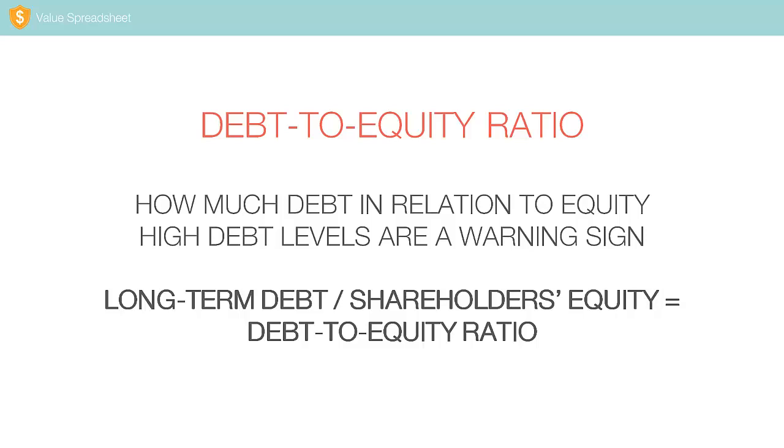The higher the debt-to-equity ratio, the more the company relies on debt to finance its growth. A high debt-to-equity ratio is a warning sign for value investors because it indicates that a company has to pay significant interest expenses. These interest expenses do not only cost the company money, but they also leave a company vulnerable to interest rate changes. They are often unpredictable.